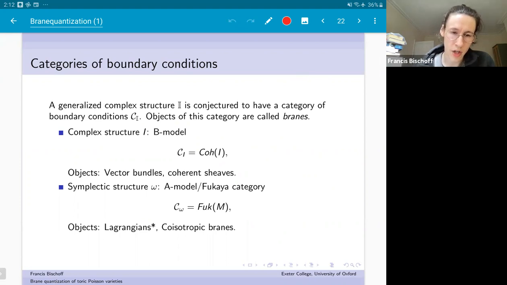When you have a complex structure, the category of boundary conditions is called the B-model, or coherent sheaves, and the objects are things like vector bundles and coherent sheaves. When we have a symplectic structure, the category is the A-model, or the Fukaya category, where the objects are given by Lagrangians with some extra structure on them, or more general coisotropic branes. These were described by Kapustin and Orlov.